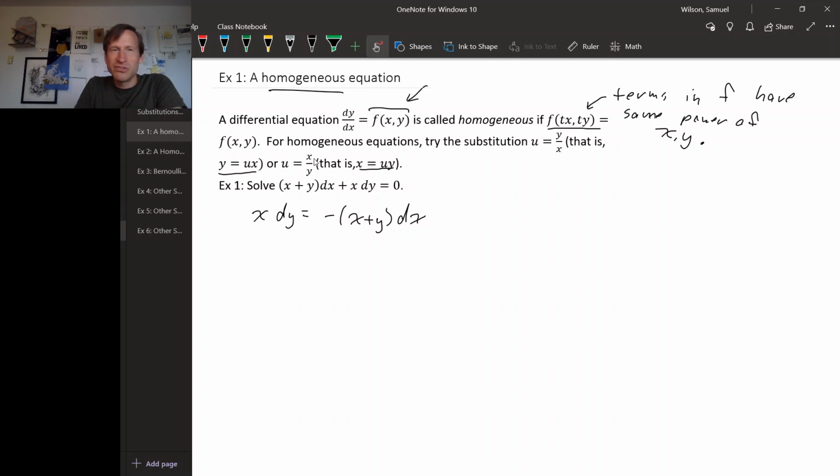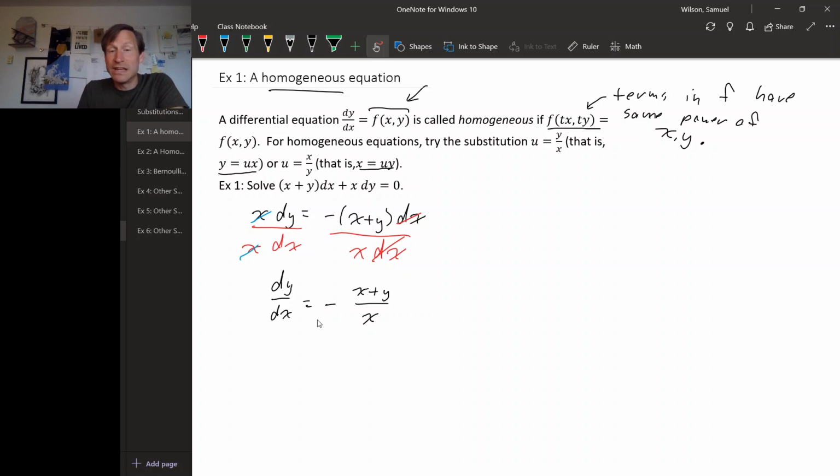And then we can divide both sides by dx and by x, like so. So our dx's simplify away on the right-hand side. On the left-hand side, the x's simplify. And we get dy dx equals minus x plus y over x.